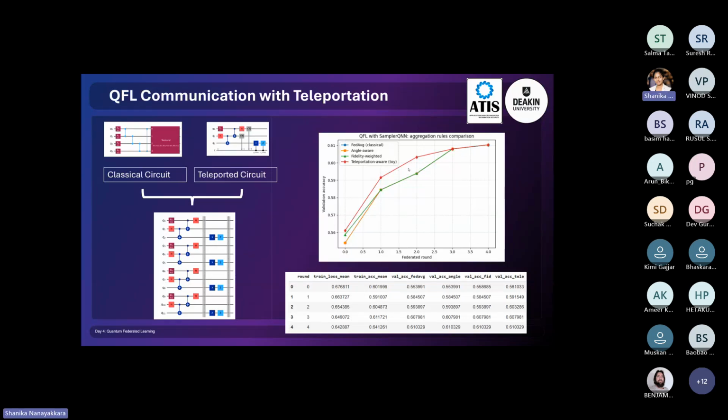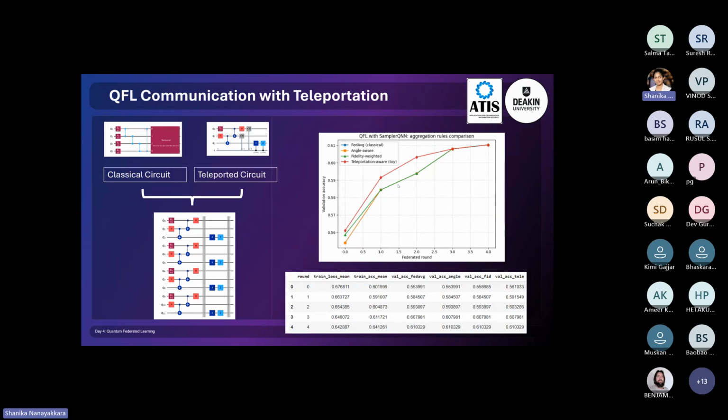In the teleportation area, we use the model fidelity and also the channel fidelity, which means we use the teleportation quality. This simulates a quantum communication system where some clients have better entanglement, or some clients may have high-noise channels and others less noise, so the good channels carry more reliable updates. That's why we use teleportation to give the weights for each client.